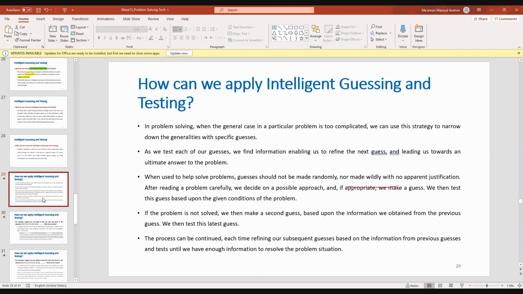Here, always try, when you want to guess something, to make sure that the information you have provided is making sense.